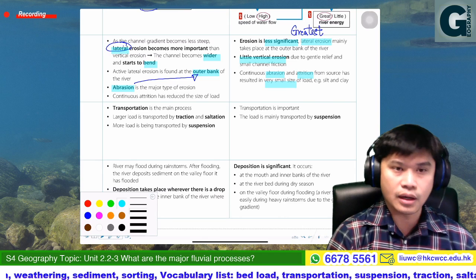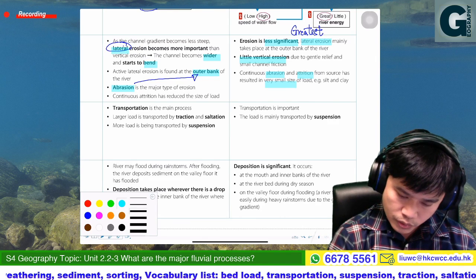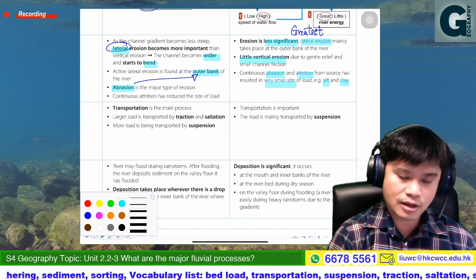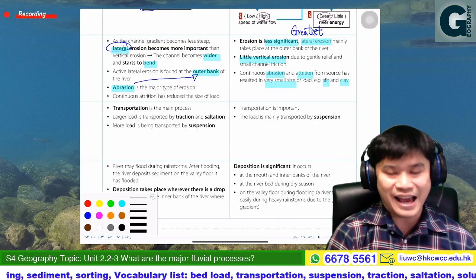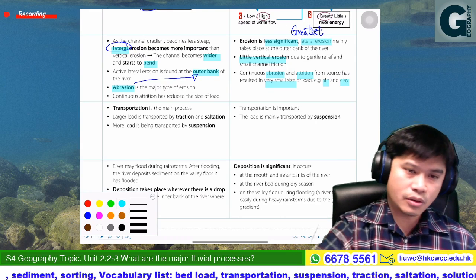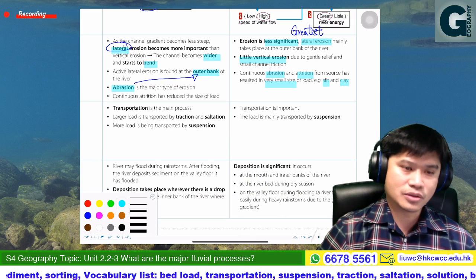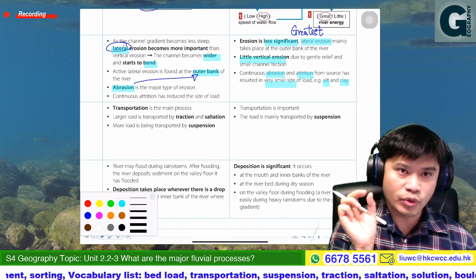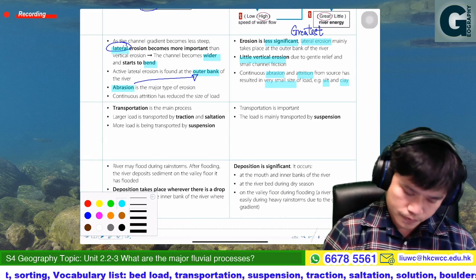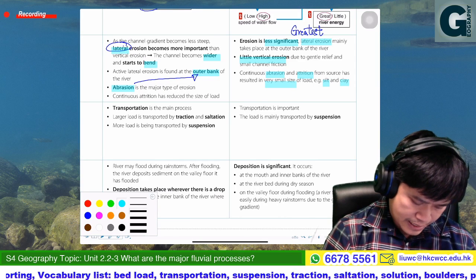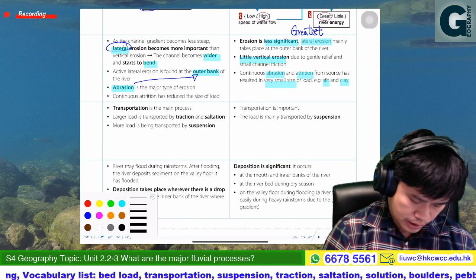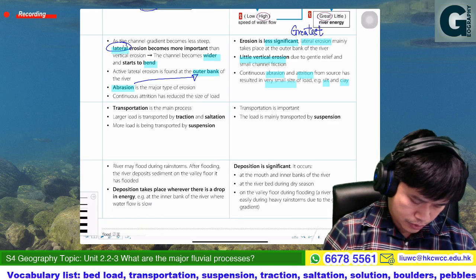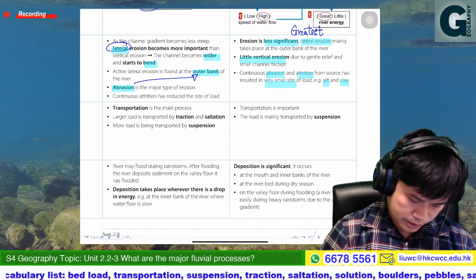So therefore, in the lower course, we can see that the silt and the clay frequently appear, due to a long journey from the upper course to lower course, the size of the load would be reduced to very, very small. So that would be the case about erosion in middle course and lower course.